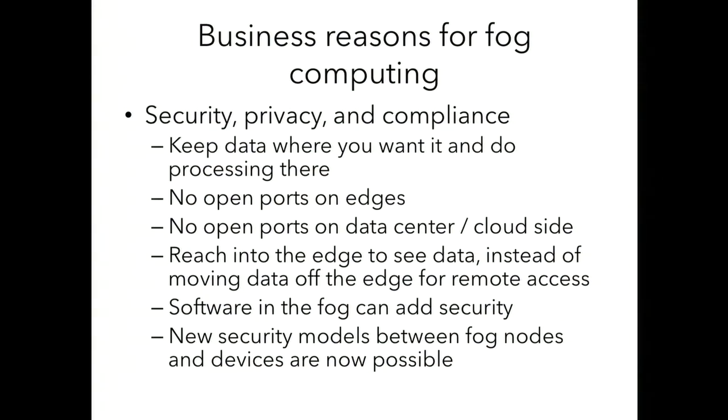And that goes to the second and third point, which is you don't want any open ports on the edge. That's kind of obvious. But I'm actually an advocate for not having any open ports to your data center or your cloud either. That might sound a little crazy, but really think about it. If you have an IoT data ingestion point where you gather up all of your IoT data across the globe, hosted in maybe AWS or something similar, once it becomes public knowledge that this is the ingestion point, which someone will find, then it can be denial of service attacked.